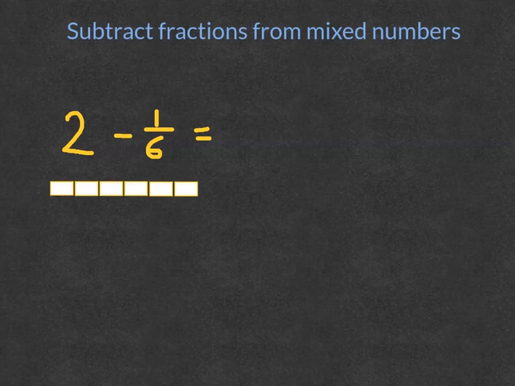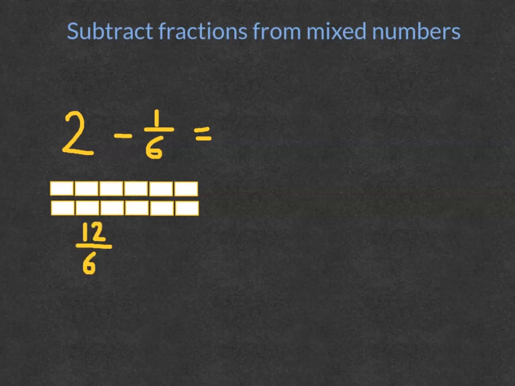So there's 1 whole and there's 2 wholes. So as a fraction, 2 wholes is 12/6. So our takeaway sentence is 12/6 take away 1/6. And we can see that that leaves us with 11/6.